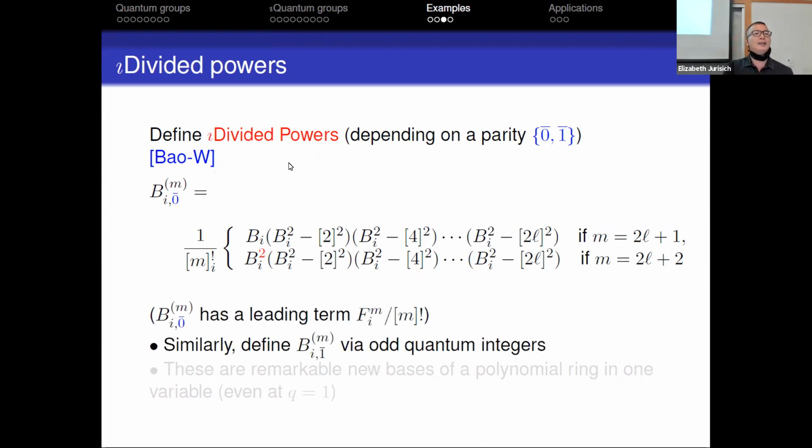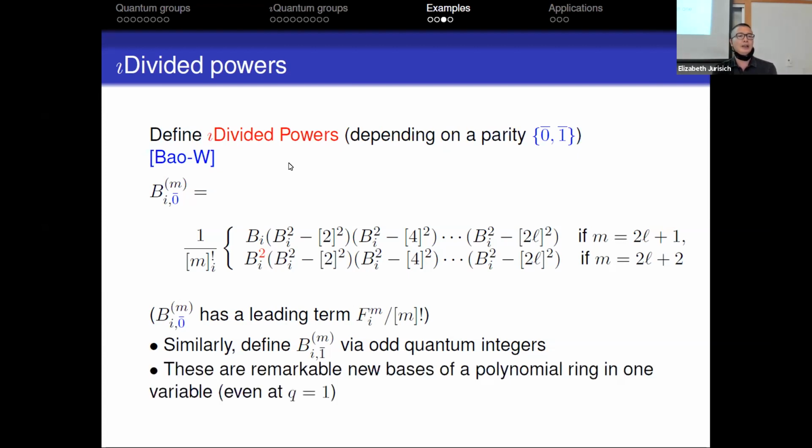And this one, if you think B is F plus some term involving E, a lower term, so it has leading term F, and this new i-divided power has leading term which is the Lusztig divided power. That's one of the ideas. And you can define another sequence I'm not writing down. I claim this i-divided power, even if you are only interested in the polynomial algebra in one variable, gives remarkable new bases.